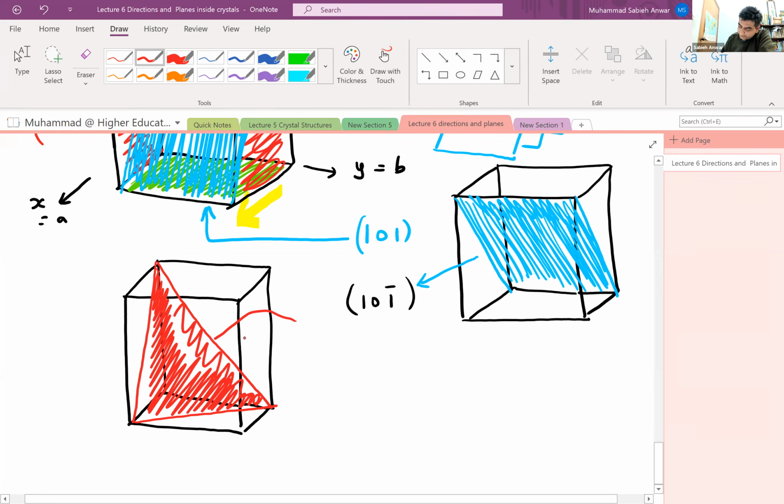What are the Miller indices? Sir, 1, 1, 1. These are the 1, 1, 1 planes.